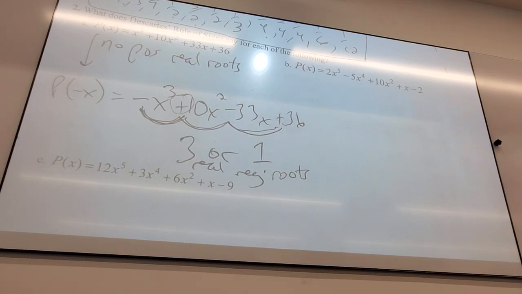Or I have 1 negative real root with 2 complex roots. Do you all agree with me? Because it's a cube, it could either be 3 negative real roots, or 1 negative real root with 2 complex roots. It's got to make 3 total.